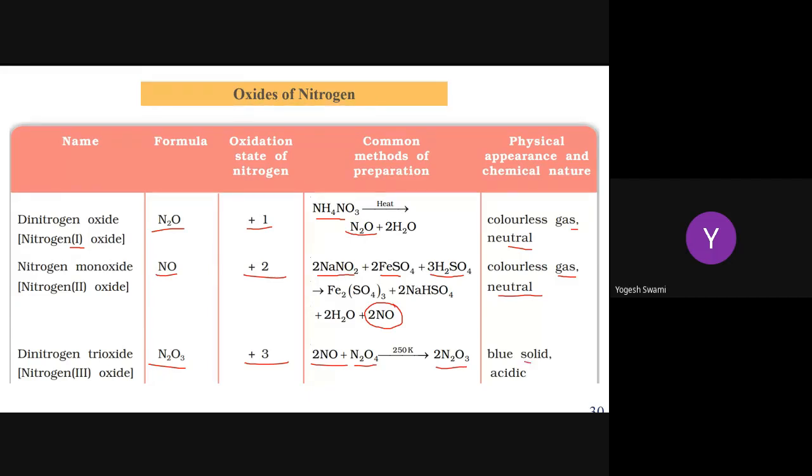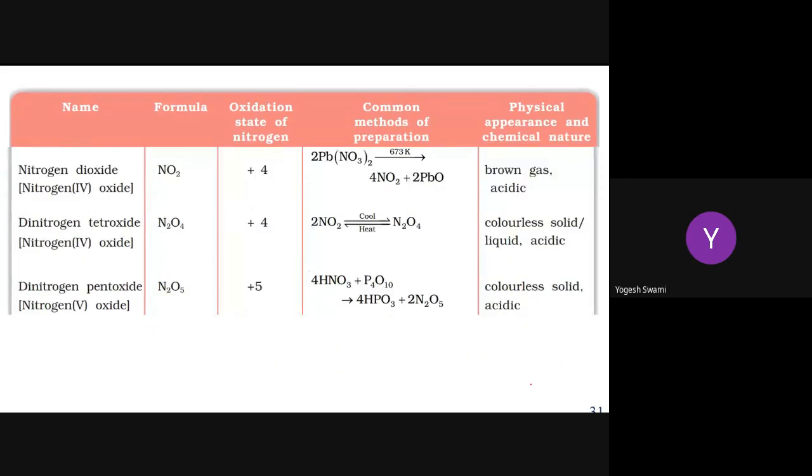It is a blue color solid and acidic in nature. Next one is NO2, nitrogen dioxide. Oxidation state +4. When we heat lead nitrate, that forms NO2. It is a brown color gas and acidic in nature.